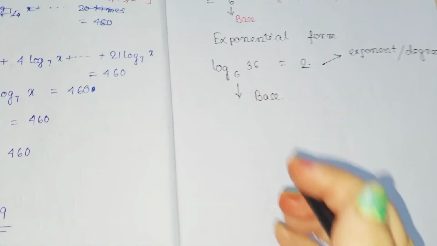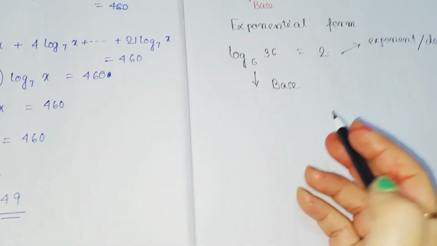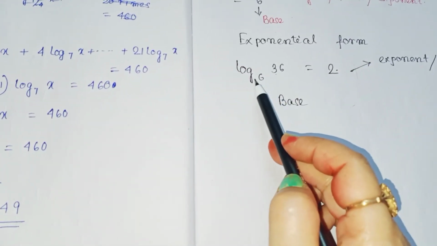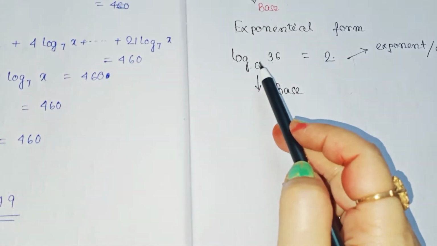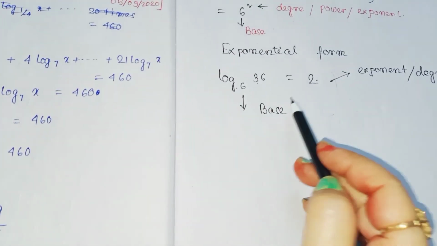So 36 is what power of 6? 36 is the degree 2 of 6.